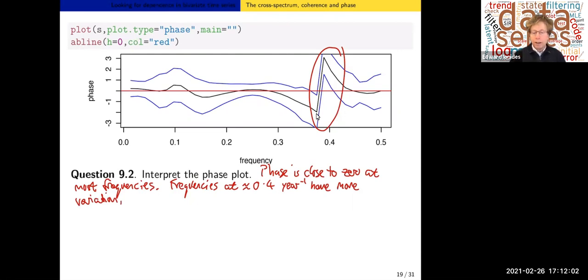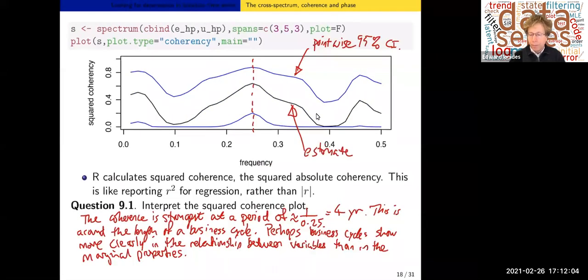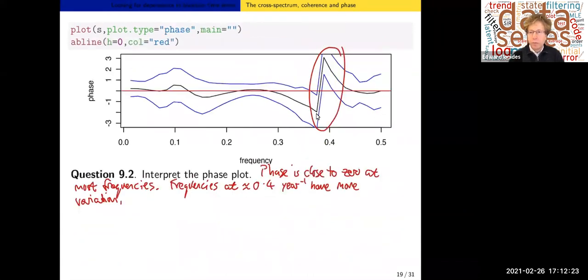But if we go back and look at this plot here, we'll see that at this point, the coherency is close to 0. And when a complex number becomes close to 0, its angle becomes undetermined. And so it may not be surprising that the phase is unstable.